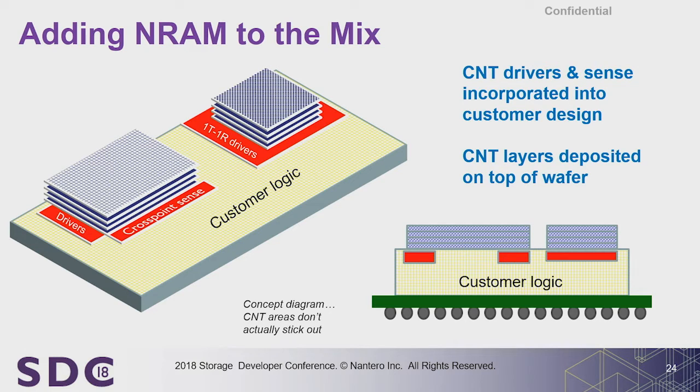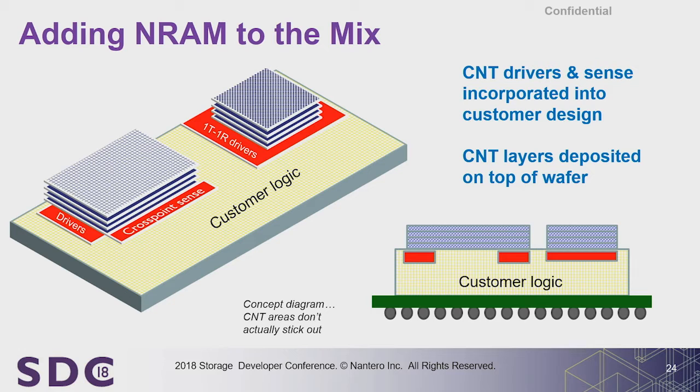So how does this work? Well, what you do is you incorporate the drivers for the carbon nanotube memory cells right into the customer logic. So diagrammed, 3D over there or vertically here. You design your circuits, you incorporate our drivers and receivers right into your design. You place the carbon nanotube array right over the top.